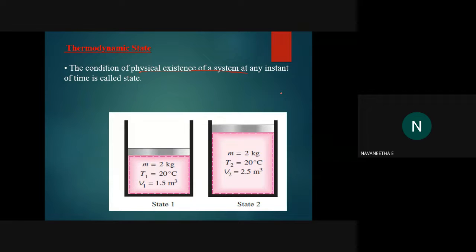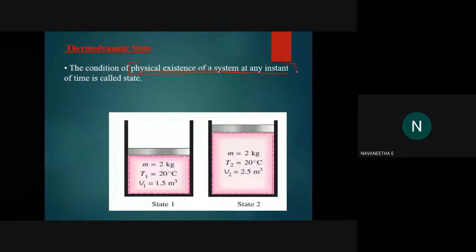Is it clear? Thermodynamic state: you can write the condition of physical existence of the system at any instant. Physical existence of the system at any instant is called thermodynamic state.